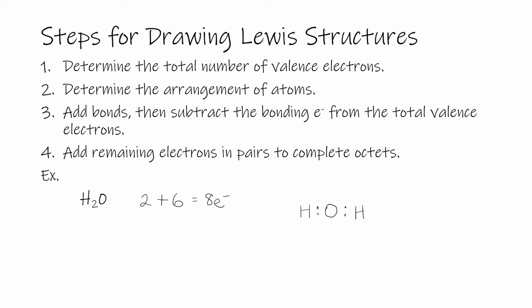That takes care of 4 electrons, so I can subtract out 4 electrons, and that gives me 4 electrons left to place around the oxygen, because hydrogen, remember, has just 1 electron shell, so it can only hold 2 electrons, so it's happy with 2 around it. Draw 2 pairs of dots around the oxygen atom, and that gives oxygen 8 electrons around it, or its octet, and so that would be the completed Lewis structure for water.